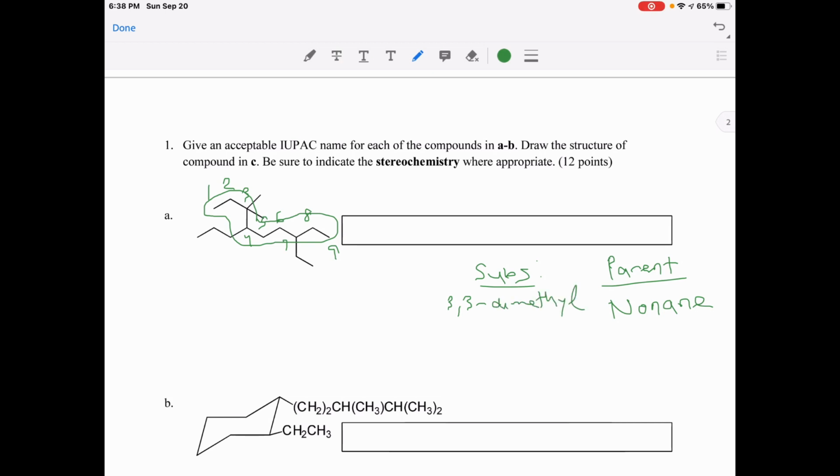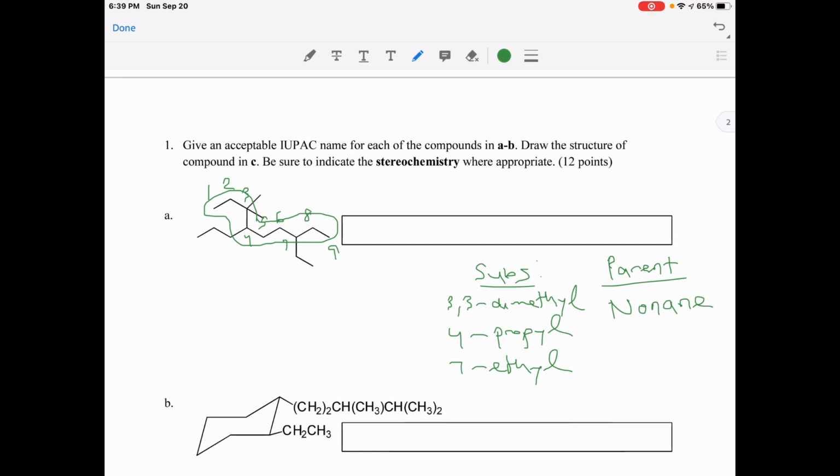We also find that there is a propyl group at the 4th carbon, so 4-propyl. Lastly, we also find that there is an ethyl group at the 7th carbon. So let's list it as such.